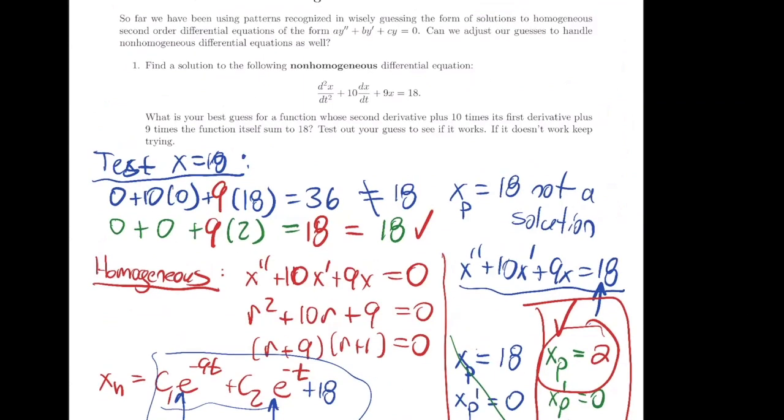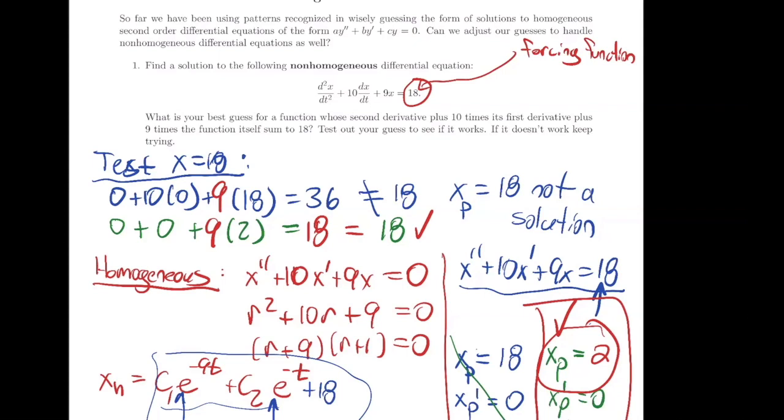So one thing to note here is that this non-homogeneous part over here, we'll just call this the forcing function. And we'll see why it gets called this when we revisit the mass spring problem.